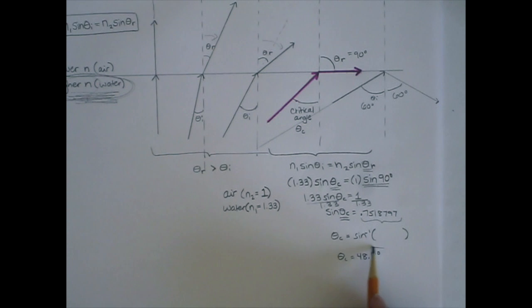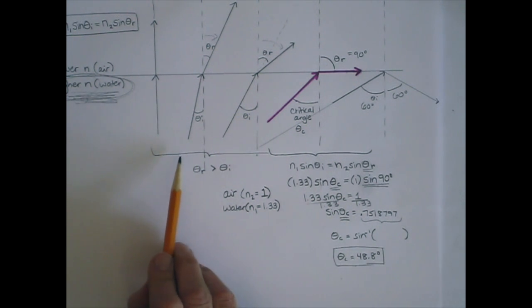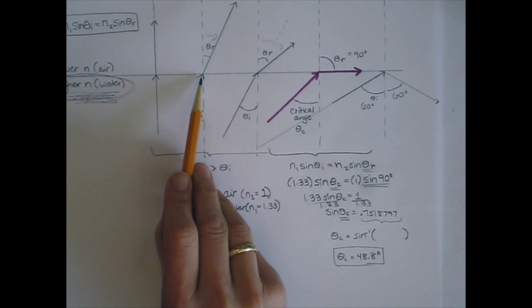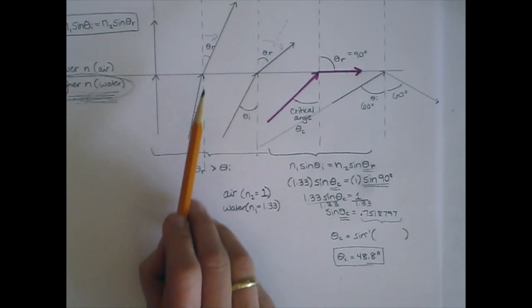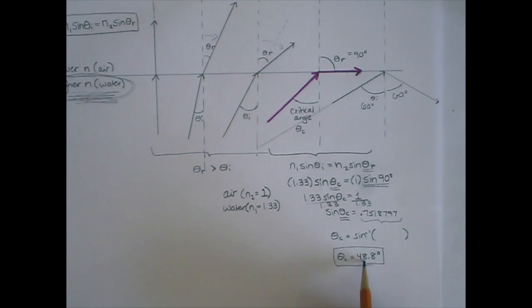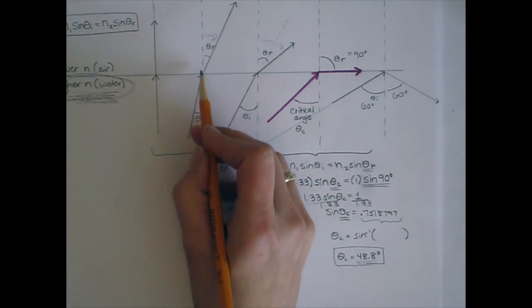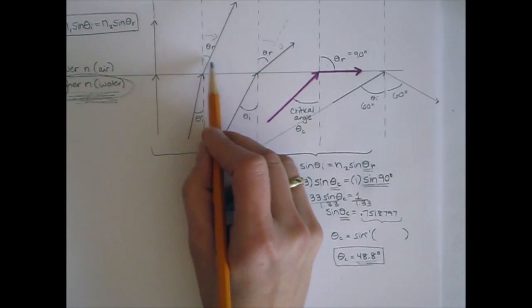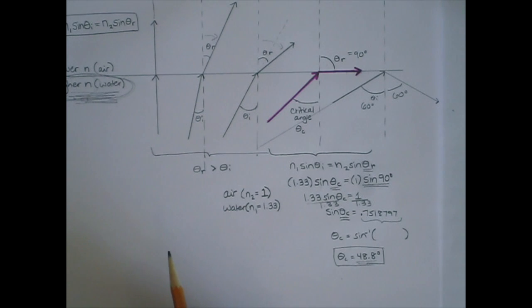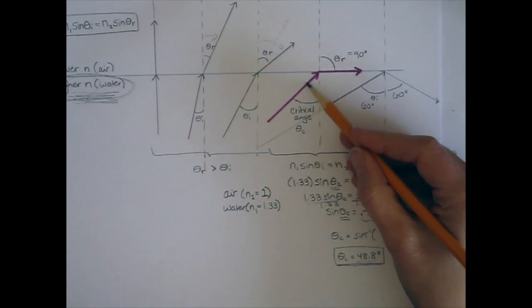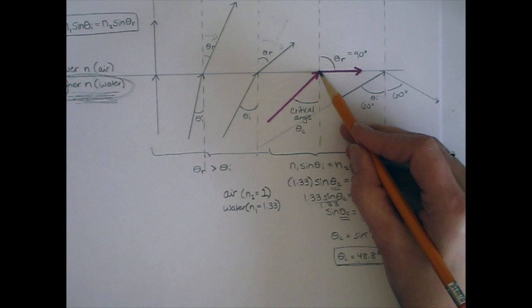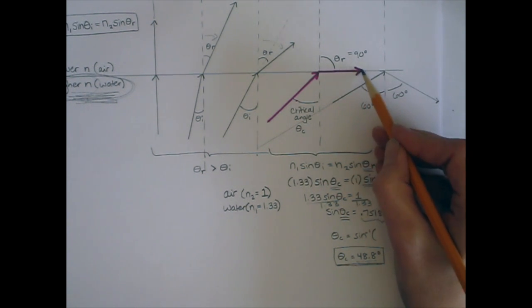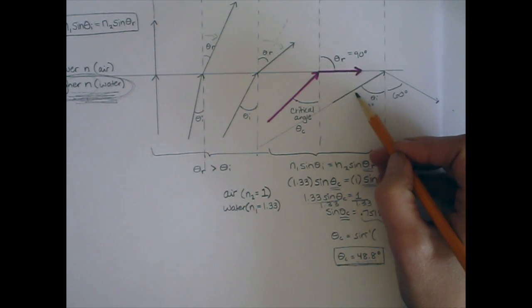So what does this mean? This means that if I shine light in the water towards the boundary with the air, at angles less than 48.8 degrees, it's going to refract out into the air, just as in these first two pictures. If I shine light at 48.8 degrees, the light will travel right along the boundary between the air and the water.